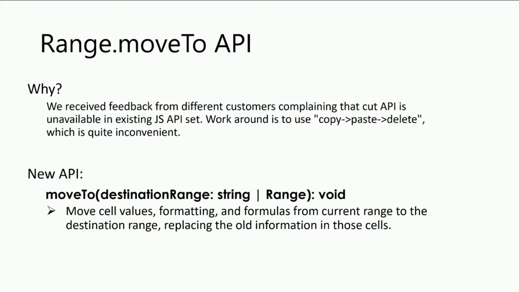The reason why we implement this is from time to time we receive feedback from different customers complaining that the current Excel JavaScript API doesn't support cut functionality, and the users use copy, paste, and delete as a workaround, which actually works, but it's not very convenient. So that's why we provide this MoveTo API for developers.